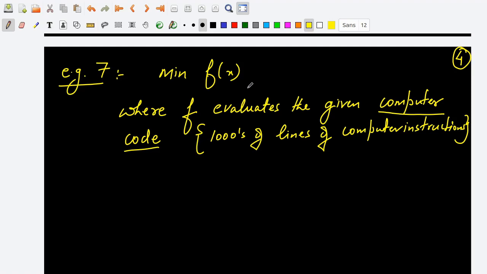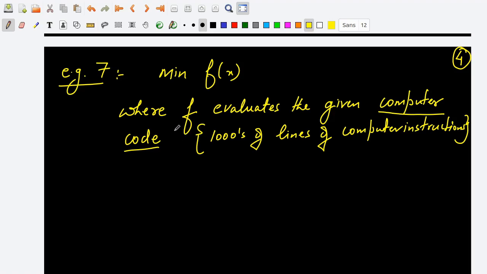So how do I choose an input setting so that my machine is working in the best possible way? That means I'm trying to minimize some function f. So here I don't even know whether f consists of trigonometric functions or some integrals or some linear and quadratic terms and so on and so forth, right?